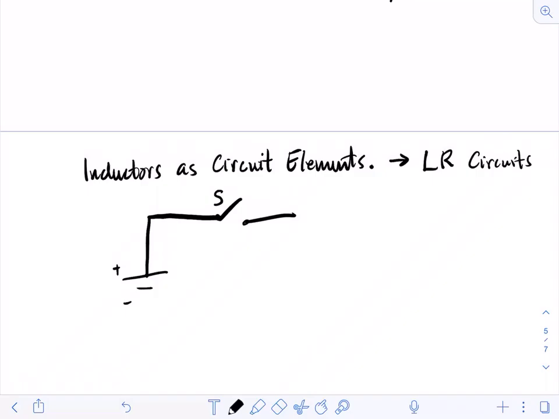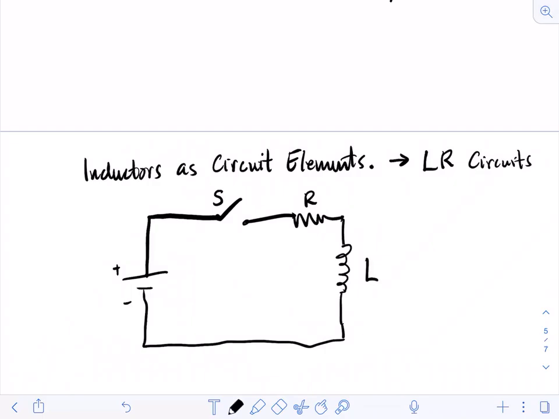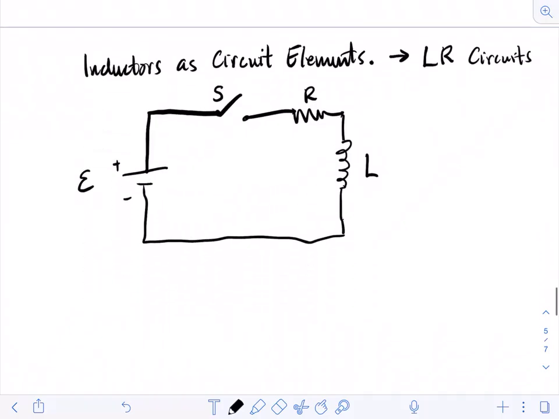So this is a switch S, and then we have a resistor R, and the circuit symbol for an inductor is just a coil, right? That makes sense because the way you make an inductor is you just take a length of wire and wind it into a coil. Okay, so this is our coil, and it has inductance L. And let's say our battery has some EMF.